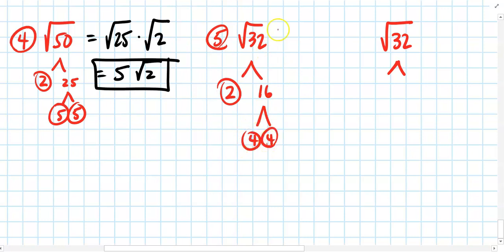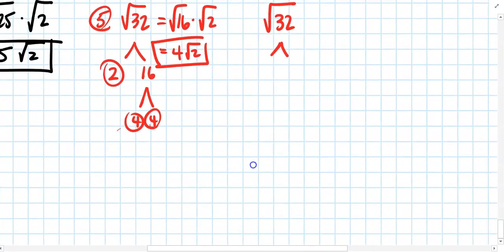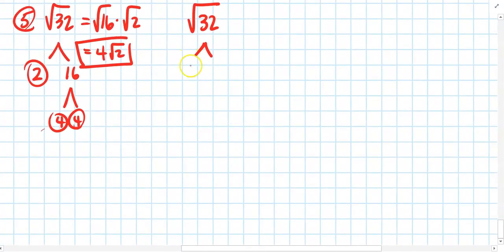And just like before, we see that the square root of 32 could be reported as the square root of 16 times the square root of 2, because we have this common factor branch that stemmed from the number 16. And the square root of 16 is 4, and we'll leave the square root of 2 behind because it has no common factors.